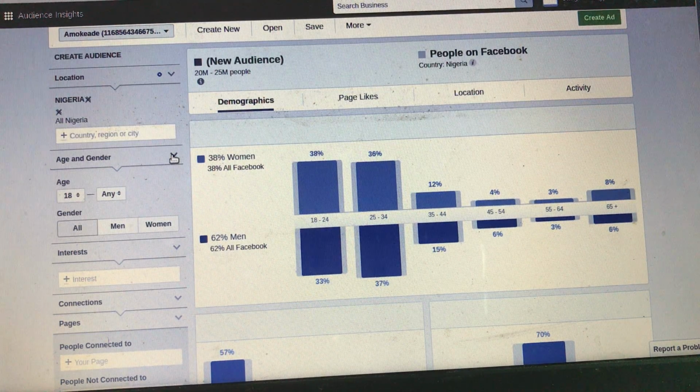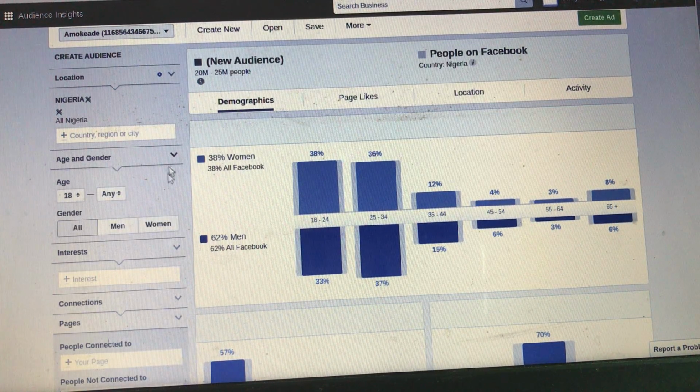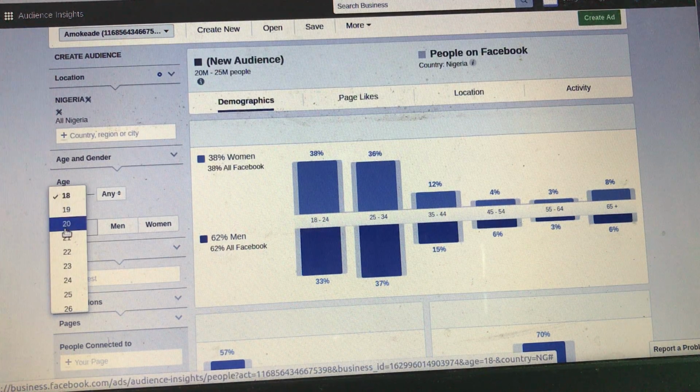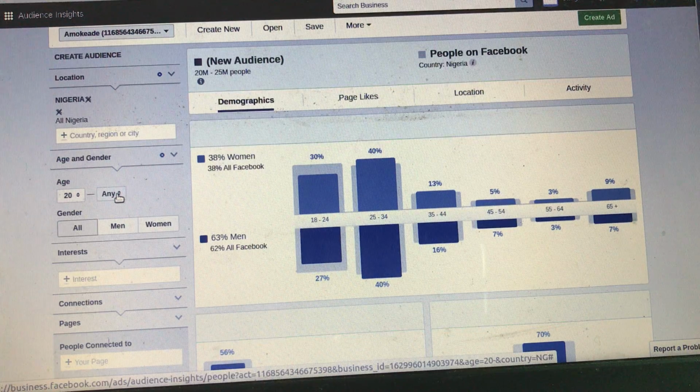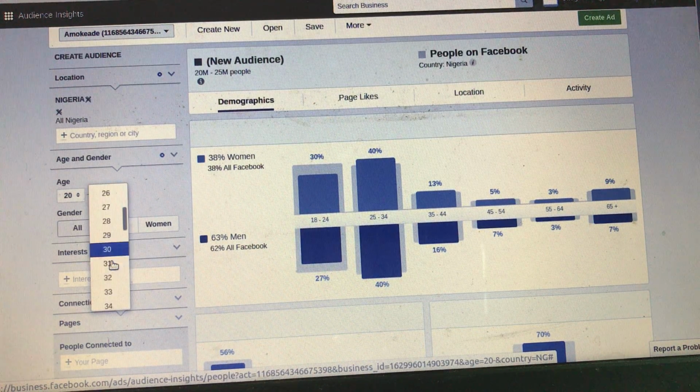So we'll move to their age or gender. Should, in case you have a specific age, maybe your product or your service can only serve people from, let's say, 20 years old to let's say 50 years.